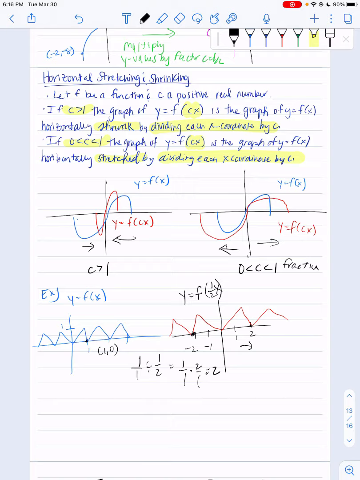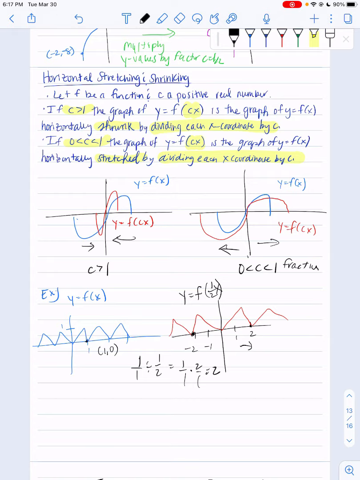So if c is greater than 1, we're shrinking by dividing each x coordinate by c. So each x coordinate is going to get smaller. So we're shrinking the graph. So that's our first picture with our red. The red is y equals f of c x, because we're shrinking because our x values are getting smaller.